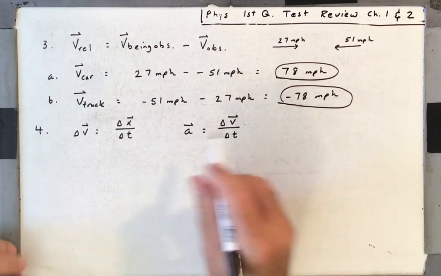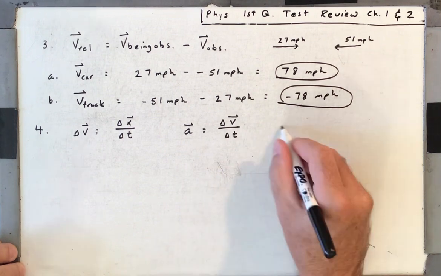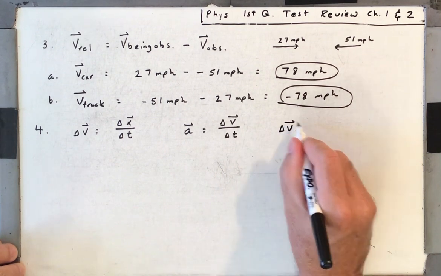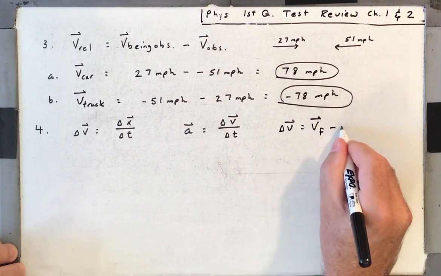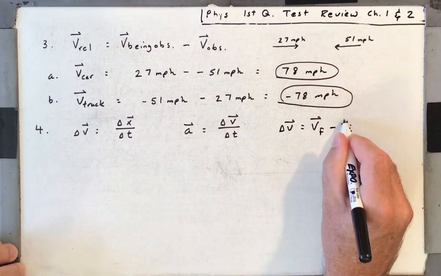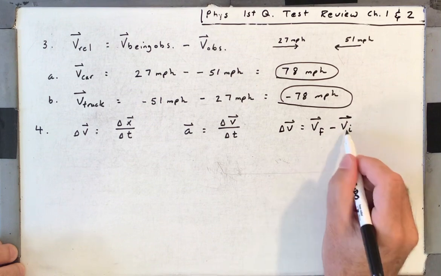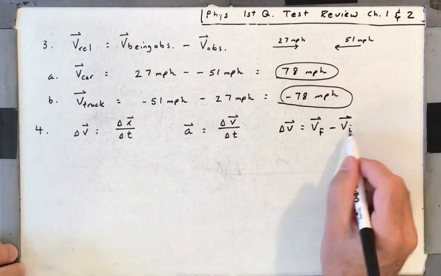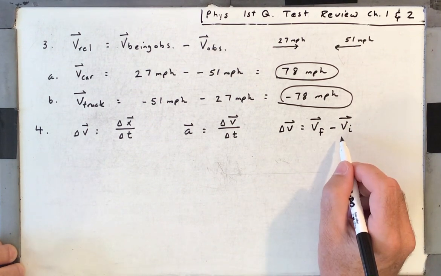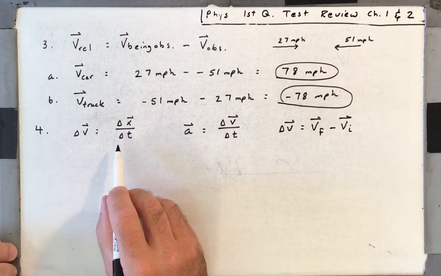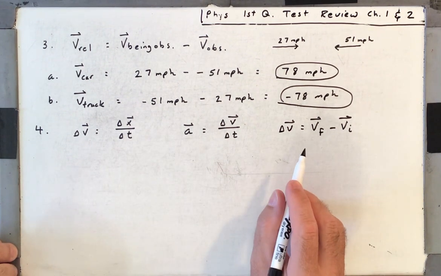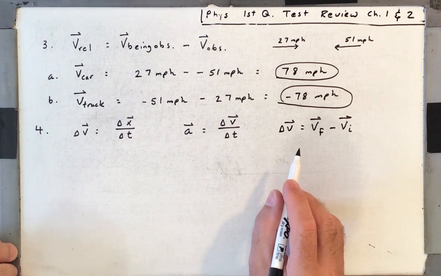That was our 2 basic equations. And of course, the change in velocity is the final velocity minus the initial velocity. Now we changed that to just v and v naught in chapter 2, but this is the way we kind of showed it in chapter 1. All right? So don't forget those basic equations. They might come in handy.